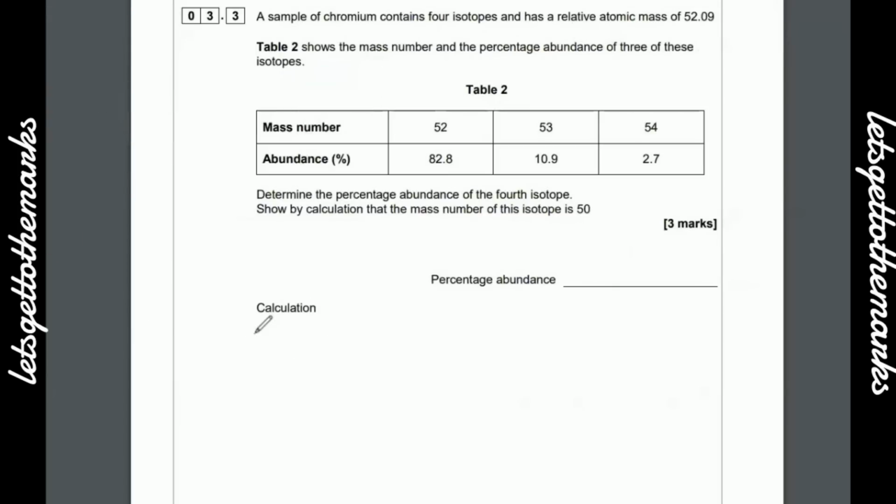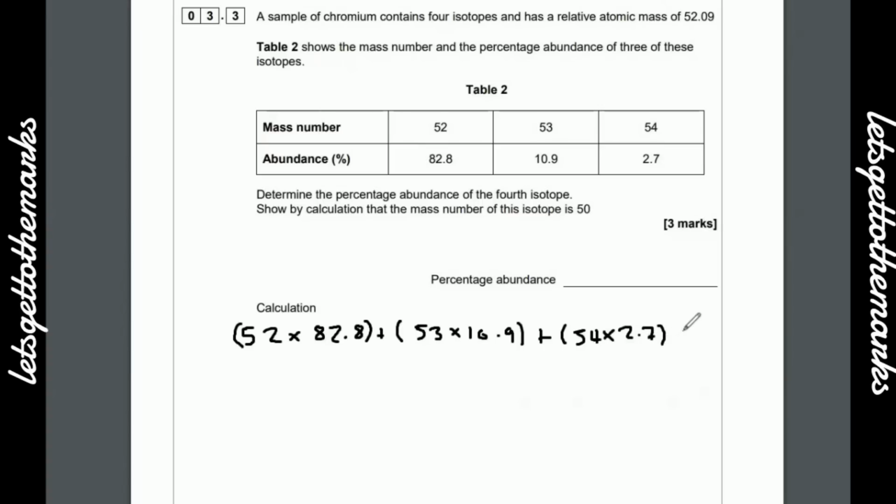Now, we need to set that equation out and then solve it to find our 4th isotope, Z. So first of all, I'm going to set out the equation of mass times abundance for each of our isotopes. So 52 times 82.8 for the first one, 53 times 10.9 for the second one, and for 54, 54 times 2.7.